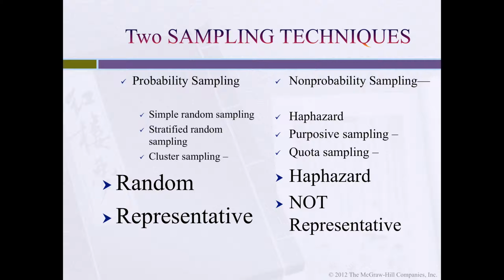If you simply choose people that you know, that is non-probability sampling, because it is not randomly selected. As a result, haphazard or non-probability sampling will not lead to a sample that represents the whole university.